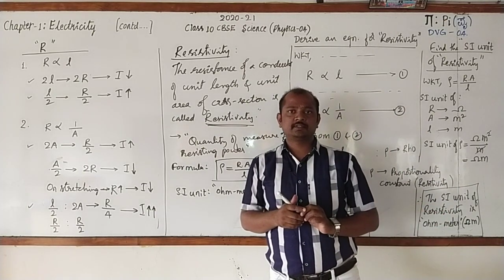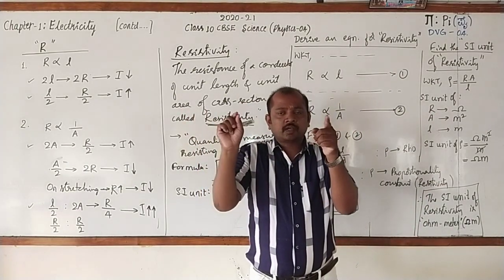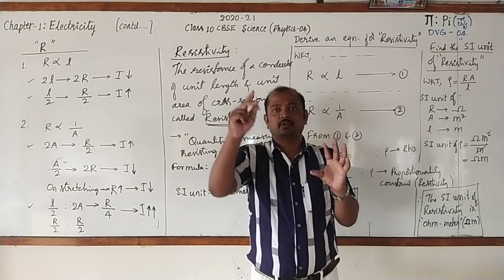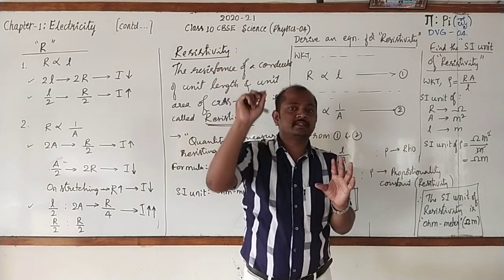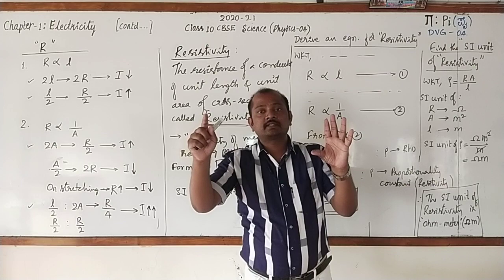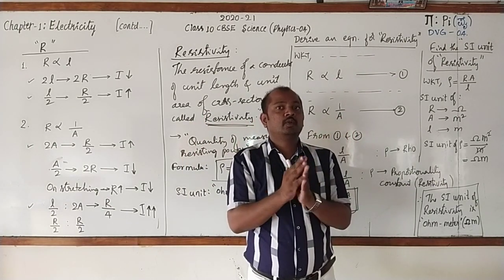And there is another factor. Take copper wires of the same length and the same area of cross section. Two such copper wires are taken. One is at 20 degrees Celsius and another one is at 26 degrees Celsius. Will they show the same resistivity?